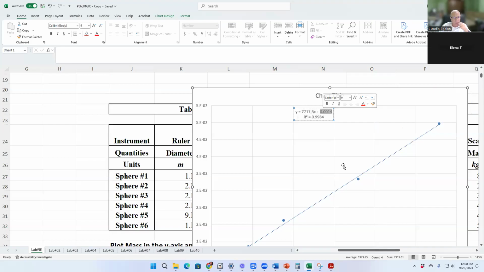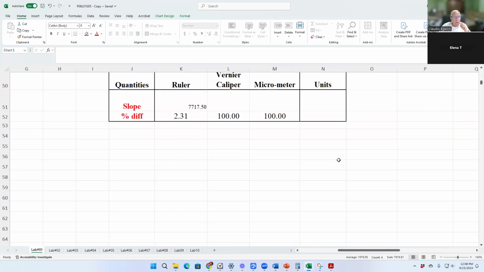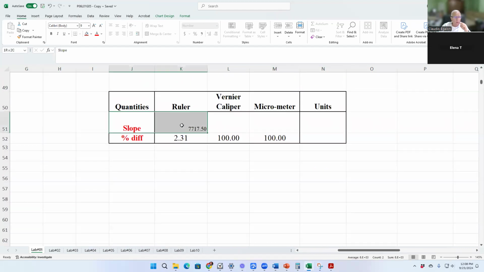When it says slope percent difference, what's that? For this one you're going to log the slope, and when you log the slope, the spreadsheet is going to calculate the percentage difference for you.